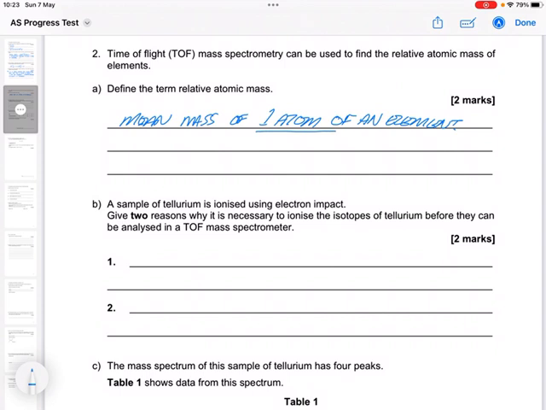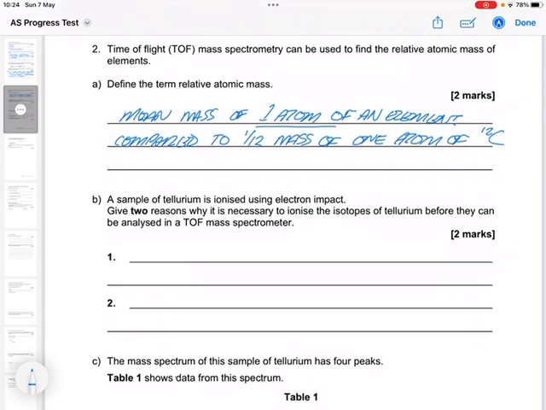So one atom is crucial there. Compared to 1/12 of the mass of one atom, again, of carbon 12. Okay, so definitions, you either know them or you don't.